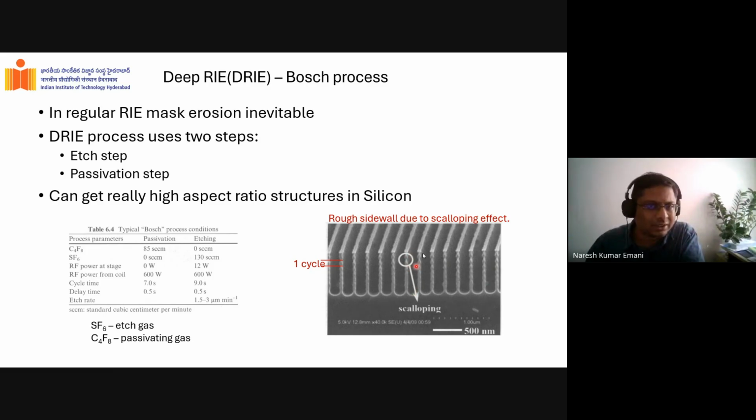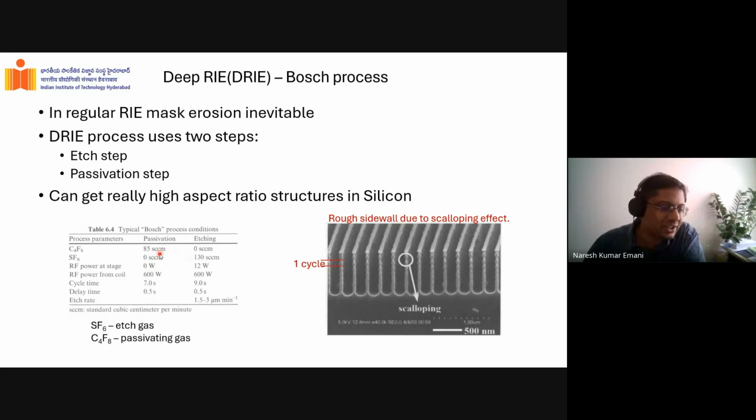So you end up getting not a very straight side wall. There is some roughness, but you can develop what is called a deep RIE process, wherein you combine this etch step and a passivation step, and you can get very, very high aspect ratio structures. DRIE was explained by Prempal.